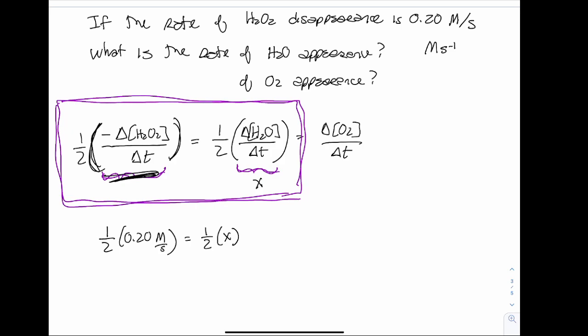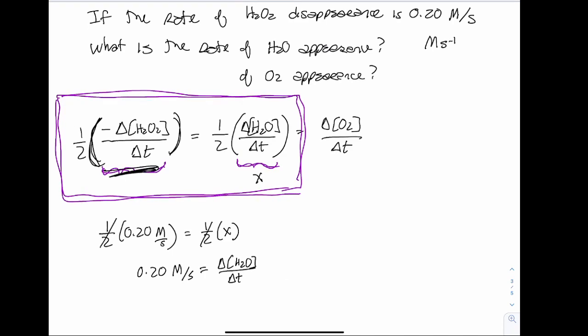Mathematically, these cancel, and it comes out to be 0.20 molar per second. And then we'll write the rate out this time. That's going to be equal to my rate for delta T. So we can use that expression.